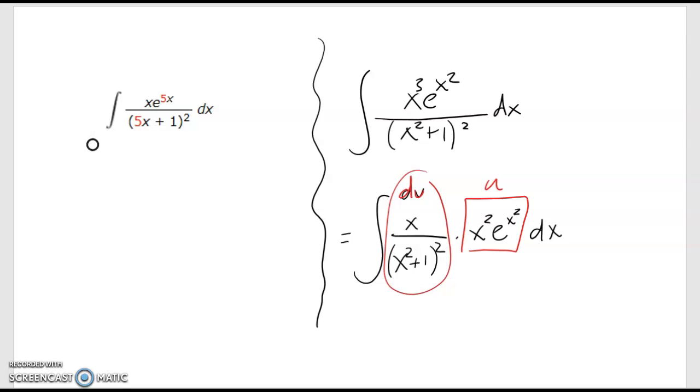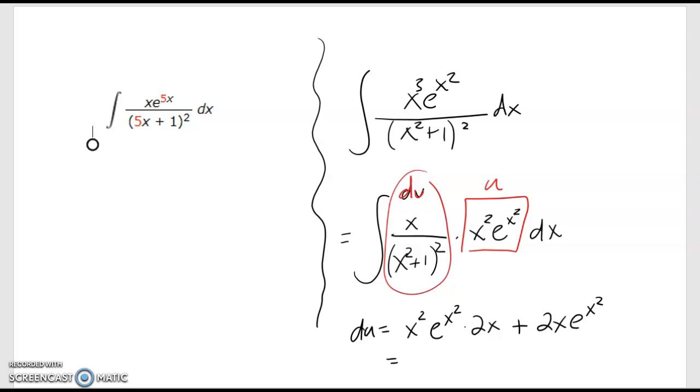But here's the trick. If I do du, that would be x squared e to the x squared times the derivative of x squared, 2x, plus, and then I will take the derivative of x squared and leave e to the x squared alone.